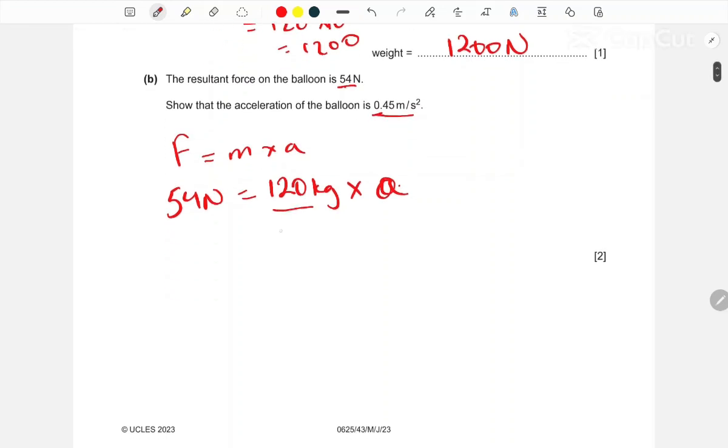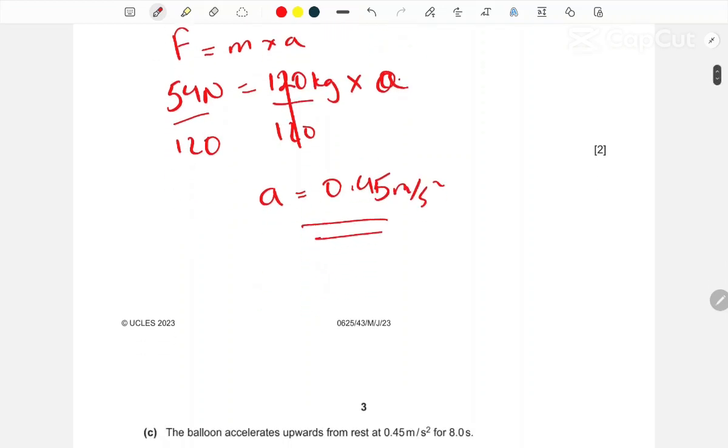So now we divide both sides by 120, and then that would give us acceleration equals 0.45 meters per second squared. So we have proved it.